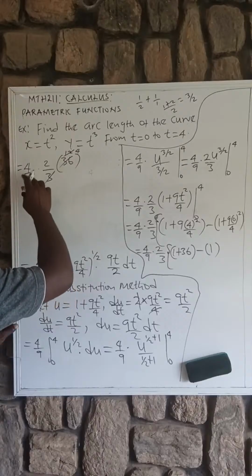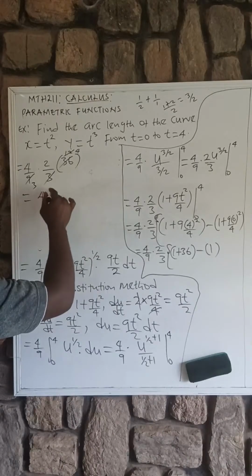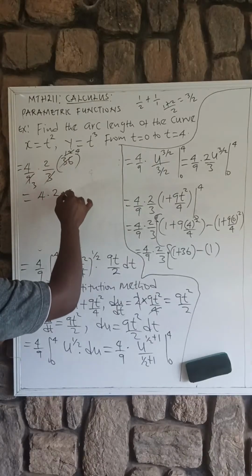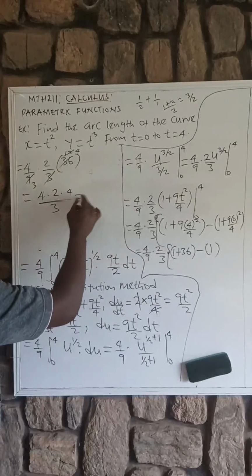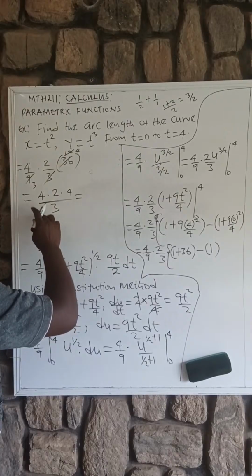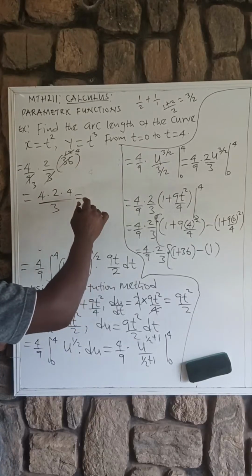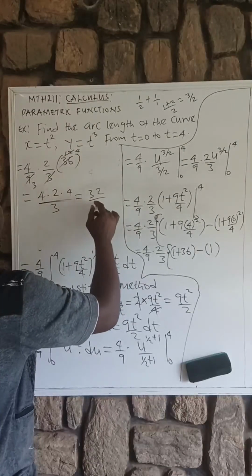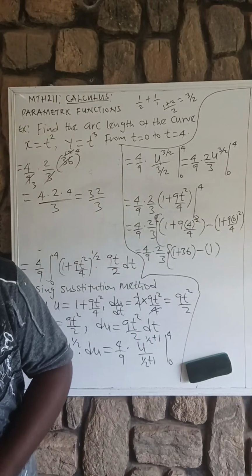So here we are going to have 4 times 2 times 4 over 3. This is equal to what? 16 times 2 is 32, right? 32 over 3. I think I'm right.